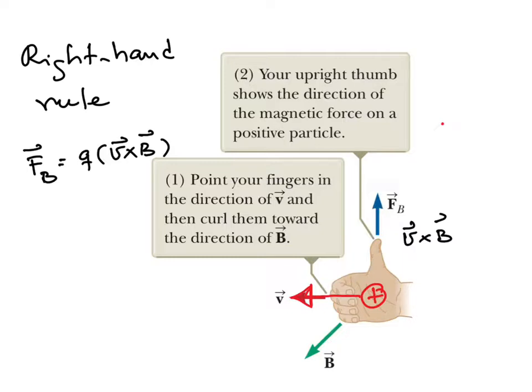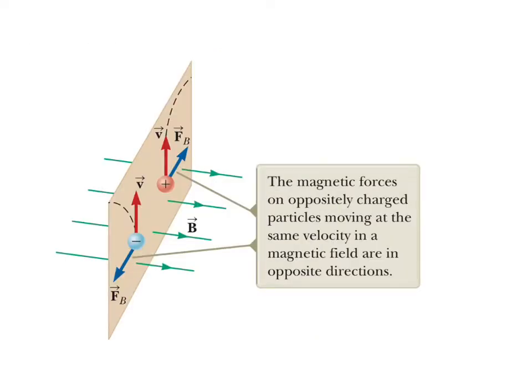But what will happen if the charge is negative? If we look at this figure, you can see that we have the magnetic field pointing in this direction, and the positive charge moving upward with this velocity vector.